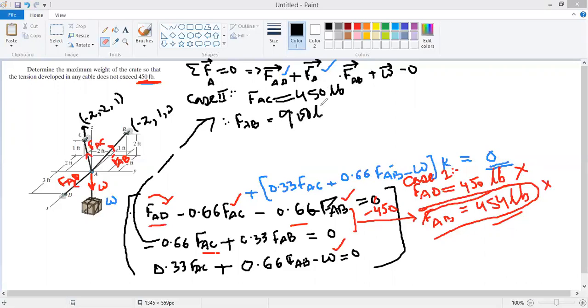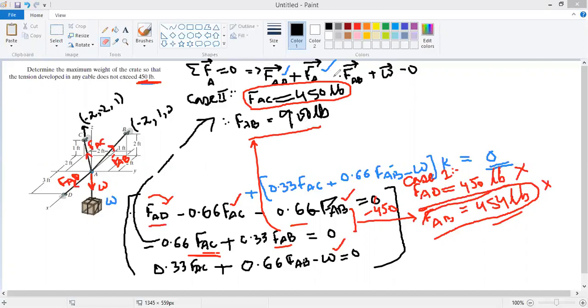That's again a problem for us. Assuming FAC equal to 450 pounds and substituting it in this equation, we obtain FAB equal to 900 pounds, which is again not possible. So our case 2 is also not a valid case.